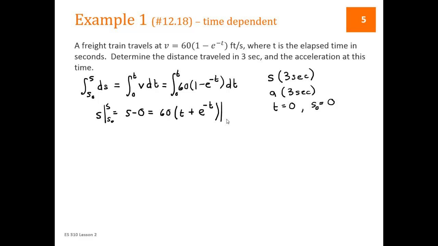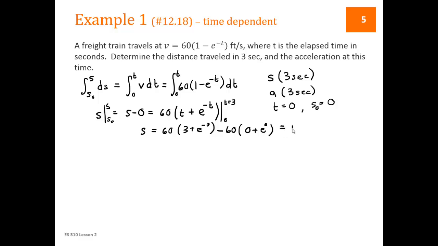And we're going to evaluate that from 0 to t is equal to 3, which is the time we're interested in, right? 3 seconds. All right, so if we plug this in, then we get that s is equal to 60 times 3 plus e to the negative 3, minus 60 times 0 plus e to the 0.